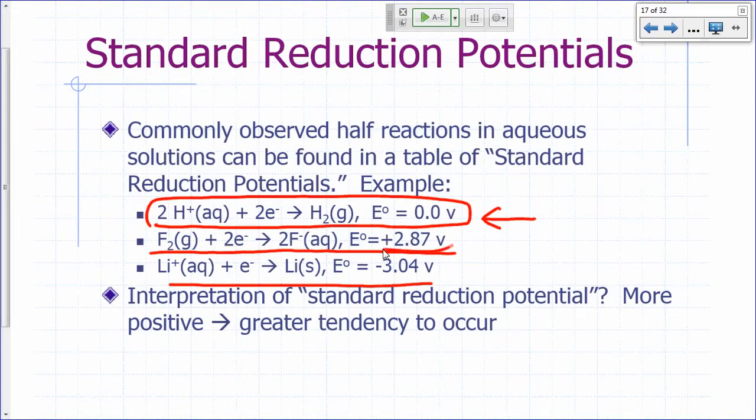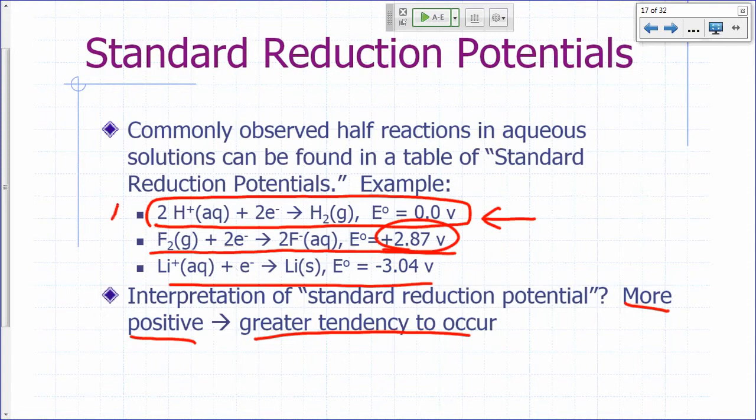The number here, given in volts, tells you the likelihood of that reduction. The more positive that value is, the greater the tendency for that to occur. So if you compare half reactions, of these three, which is the most likely to occur, has the greatest tendency to occur?